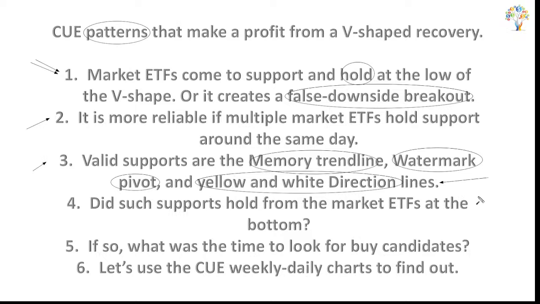That is what I explained in the last market recap on how to identify trends. The white and yellow direction lines are slower direction lines. They don't identify the immediate trend, but they act as marvelous supports and resistances sometimes. In this case, support, because we are talking about recovery, V-shaped recovery.